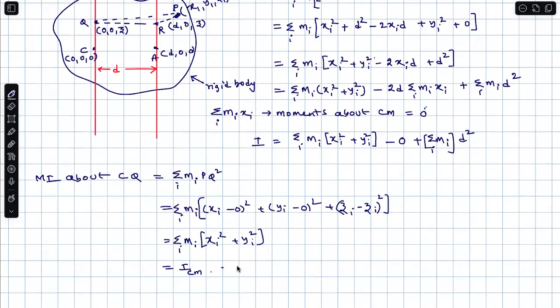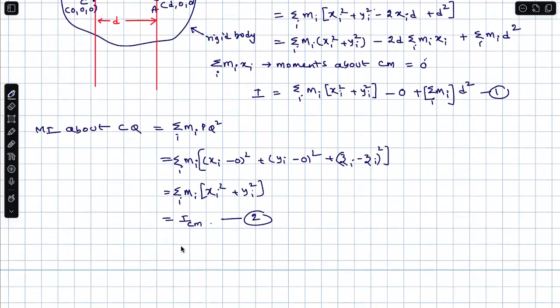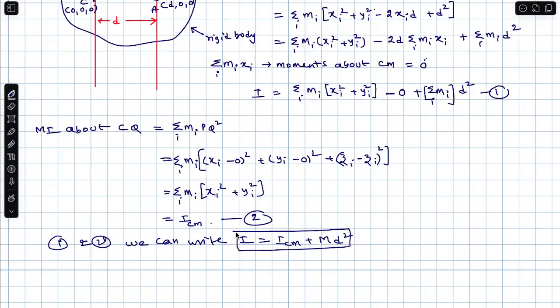Let this be equation 2 and let this be equation 1. What have I proved? From 1 and 2, we can write, I is equal to ICM plus M T square. This is the proof for, hence proved.